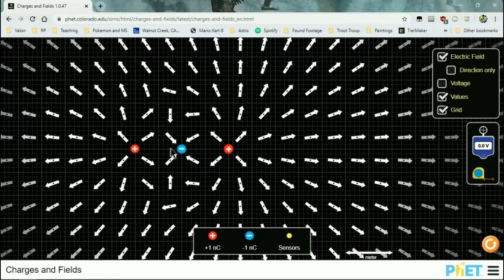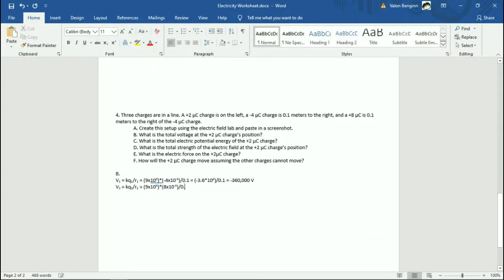So we want to know what is the distance between these two. Well, that's going to be 0.2. So we have 72 times 10 to the 3, which is going to be 7.2 times 10 to the 4, divided by 0.2.